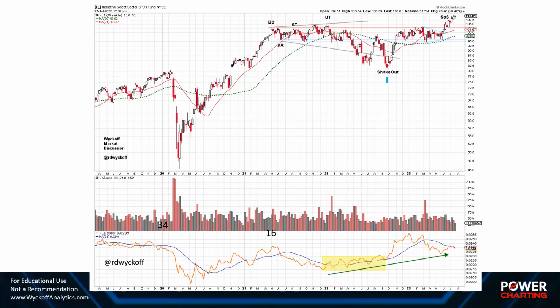Note the increasing volatility here in the first half. And you see buying climax. First of all, very important upward trend that suggests to us to look for reaccumulation going forward. 2 years of reaccumulation in the industrials.